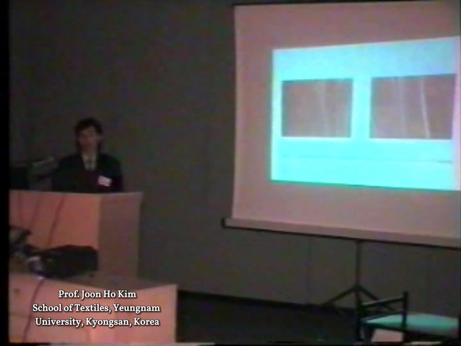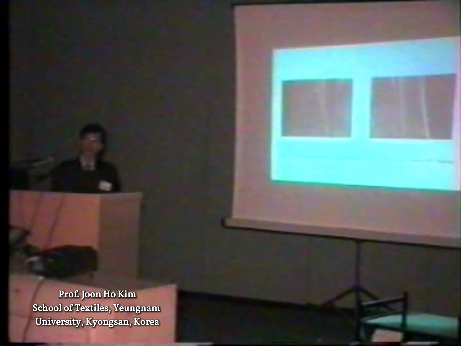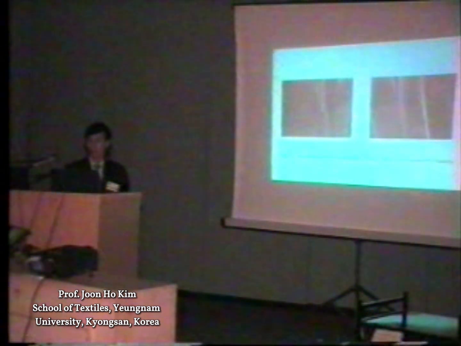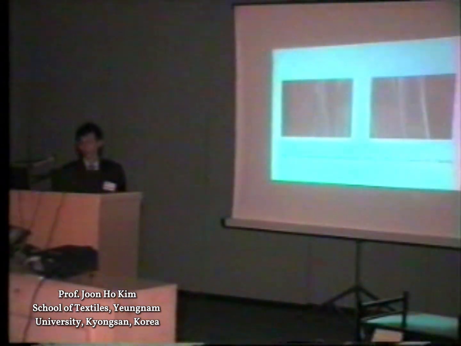This slide shows the scanning micrographs of control PTT fabric. The left side shows the 300 magnification, and the right side is 2000 magnification. The surface was smooth before hydrolysis.